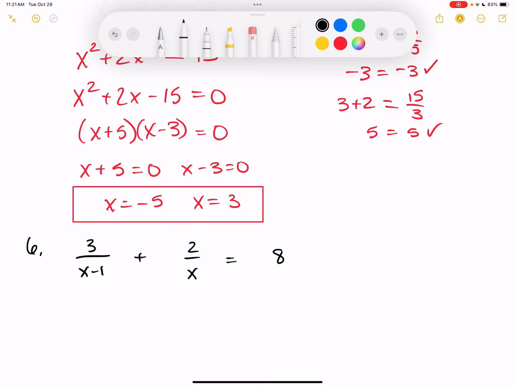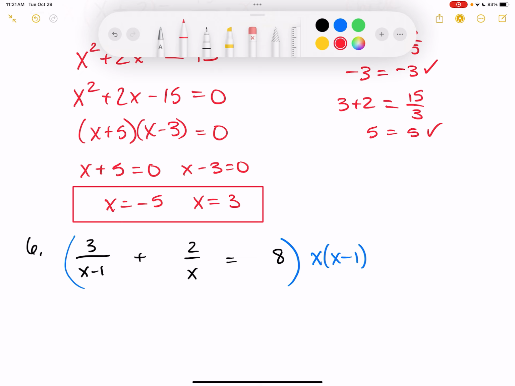And then make it so that I'm just saving a step ultimately. So I'm going to be multiplying the entire function by x times x minus 1 because that will get me the common denominator, but also get rid of it.